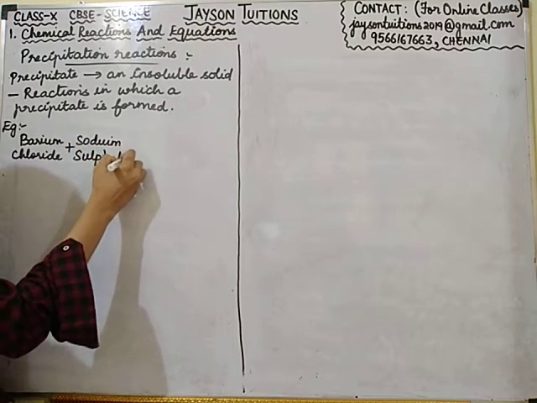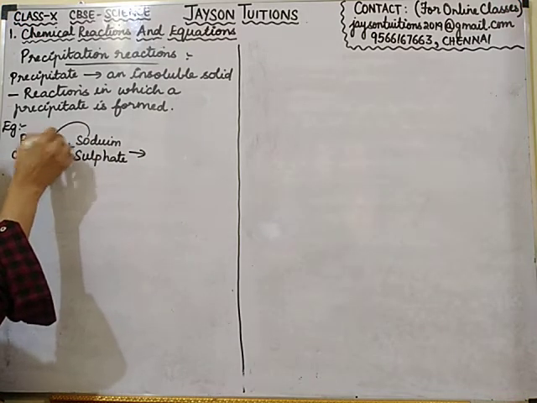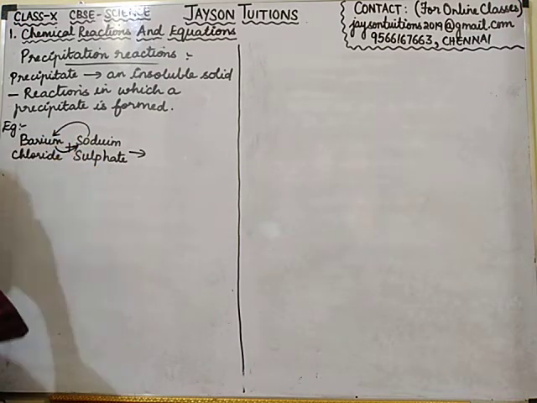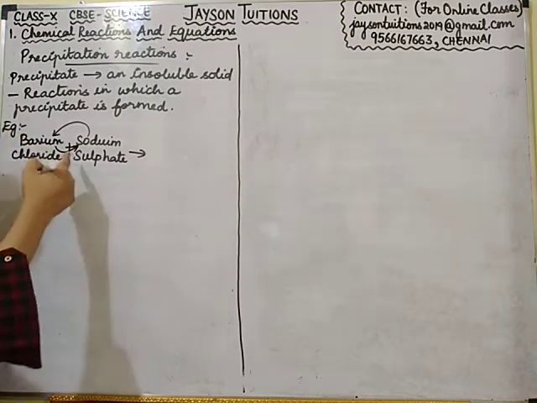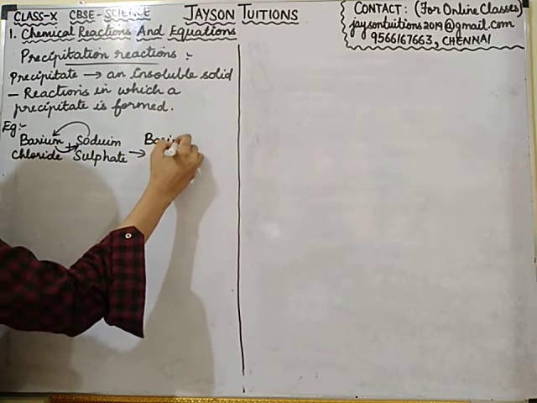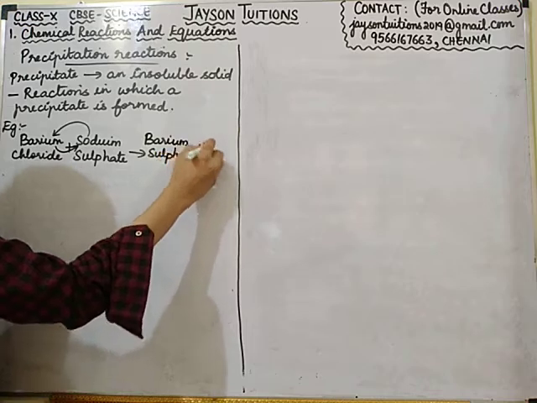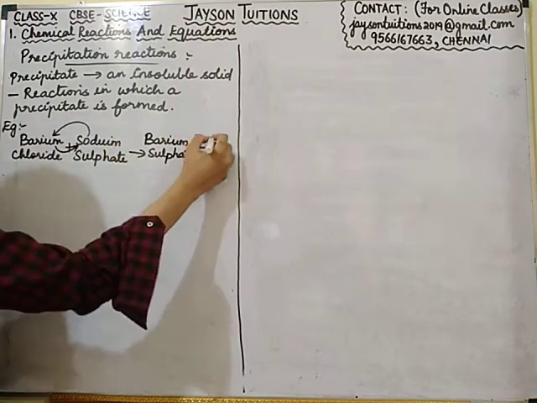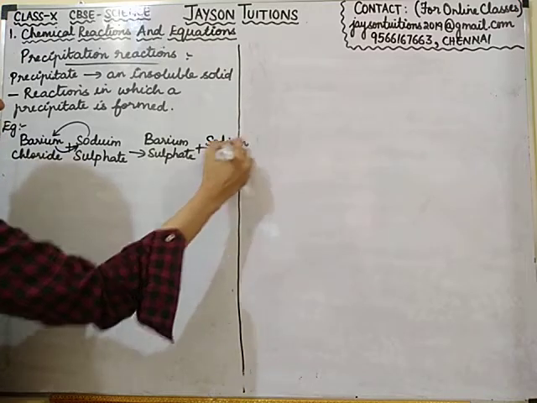Sodium will come to barium's place and barium will go to sulfate's place. So if barium comes here, I will get barium sulfate plus sodium chloride.